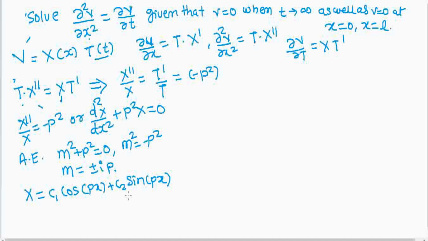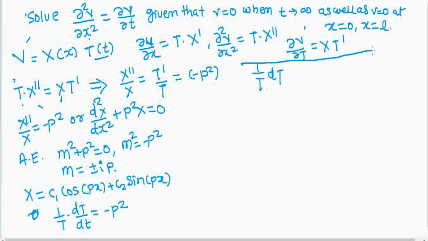Now the second solution, of this second equation, is t dash divided by t. T dash means 1 divided by t into dt divided by small t is equal to minus p square. Okay, then you can see that here 1 divided by t into dt equal to minus p square into dt.